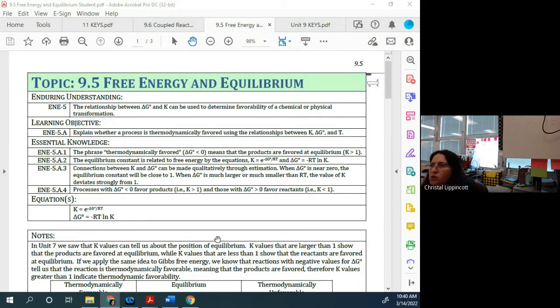All right. So topic 9.5 deals with free energy and equilibrium. We're bringing together what we've been talking about with delta S and delta G, and now we're combining it with equilibrium, which we studied in units 7 and 8.